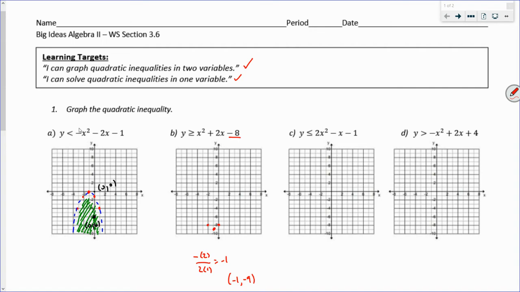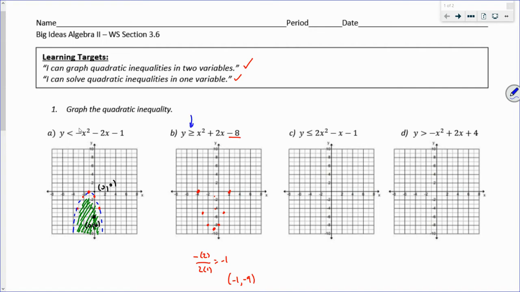Then if I plug in 1, I think I'll get this. And if I really wanted to, I could plug in 2. Plug in 2, I think I'm going to get there.